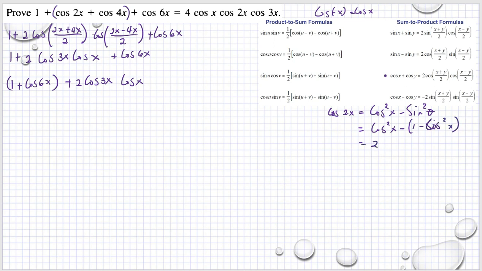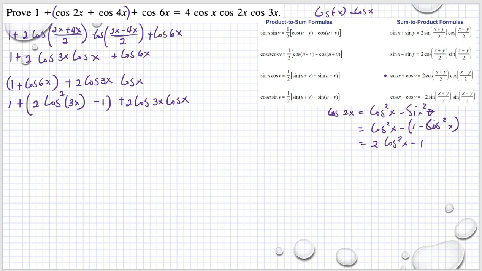So we have 2 cosine squared x minus 1. So we have now 1 plus 2 cosine 3x squared minus 1 plus 2 cosine 3x cosine x.